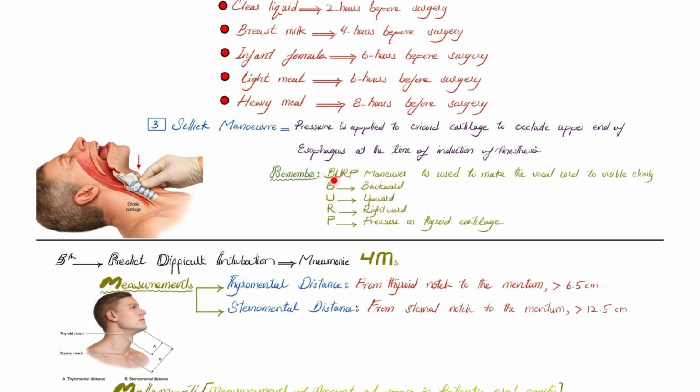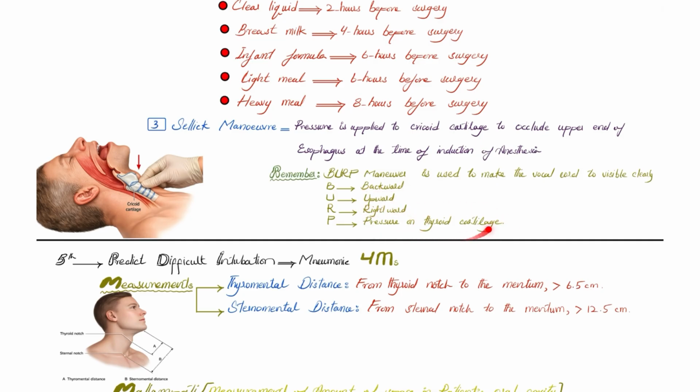BURP stands for B for backward, U for upward, R for rightward, and P pressure on thyroid cartilage. So when you are passing the endotracheal tube and the vocal cord is not visible, you ask the operation theater assistant to apply backward, upward, and rightward pressure on the thyroid cartilage.